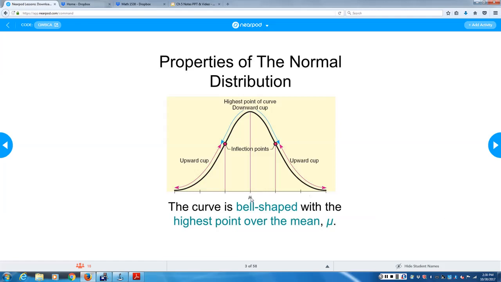The mean of the distribution, the mean of the population, is in the very center of that curve. It is symmetrical because the mean, the median, and the mode are all three in exactly the same place. They're all right there in the middle.